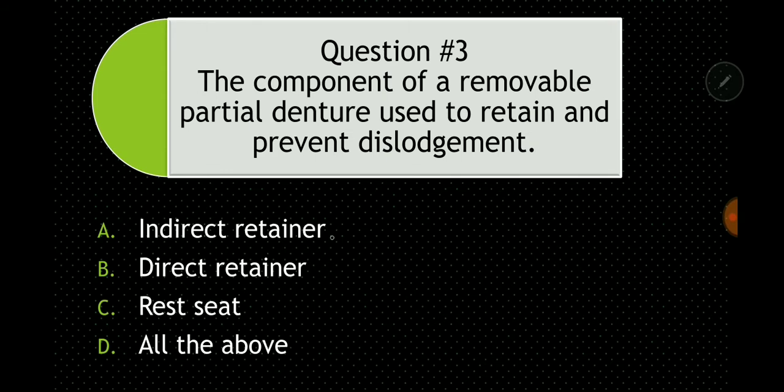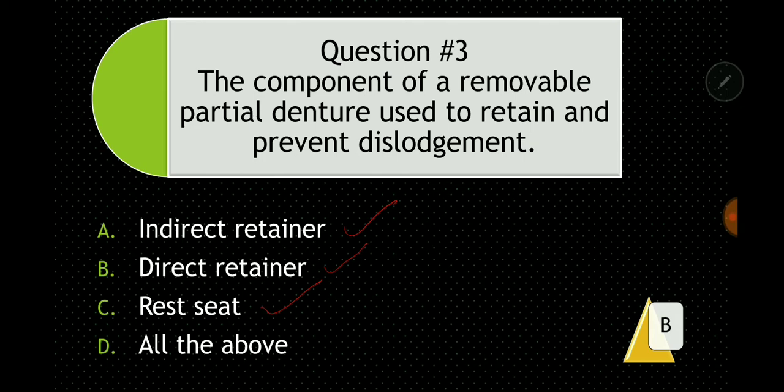Is it A, indirect retainer, B, direct retainer, C, a rest, or D, all of the above? Our answer is B, the direct retainer. The direct retainer retains and prevents dislodgement.